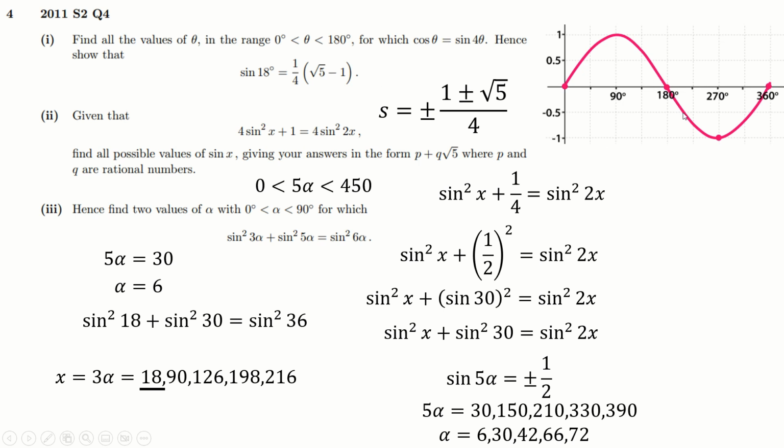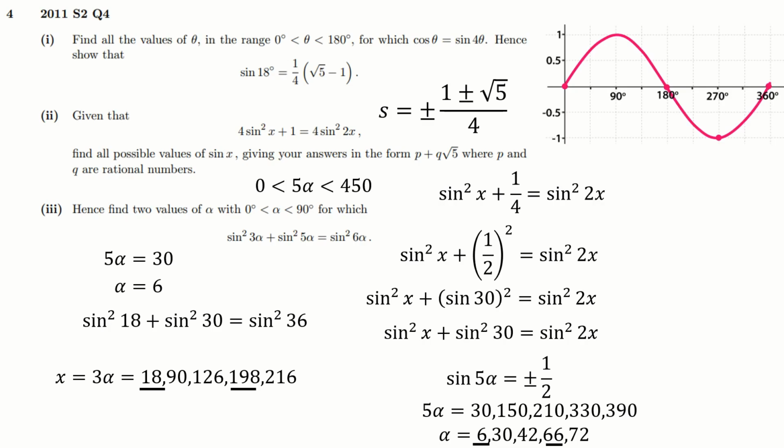Because you're just going down to the minus value you were before. So it would be the minus case of this one. And guess what? 198 is sitting right here. So I think that one is acceptable because sine of 198 must be this, but just negative, which is one of these things here. So 198 must be okay, which referred back to the alpha as 66 case. And so 6 and 66 will be our two alphas that we'll use.